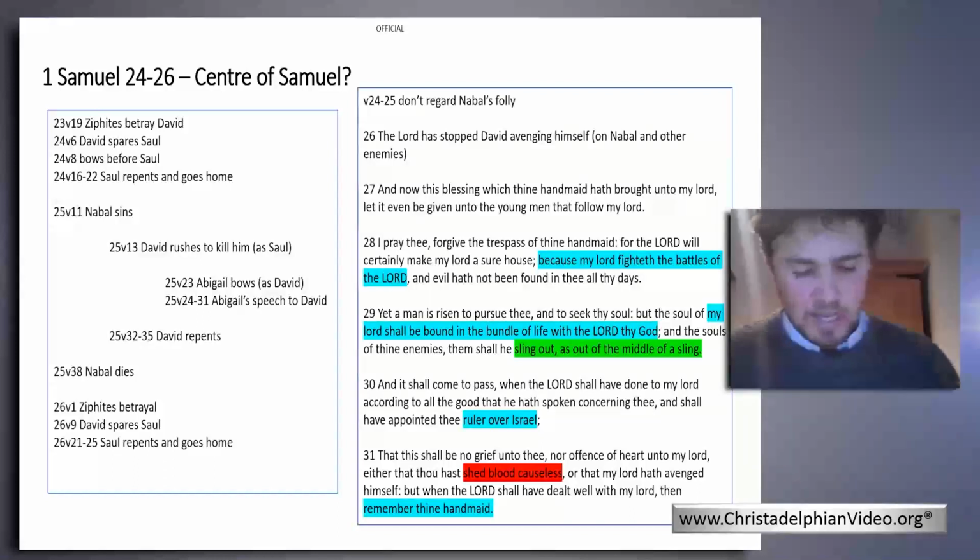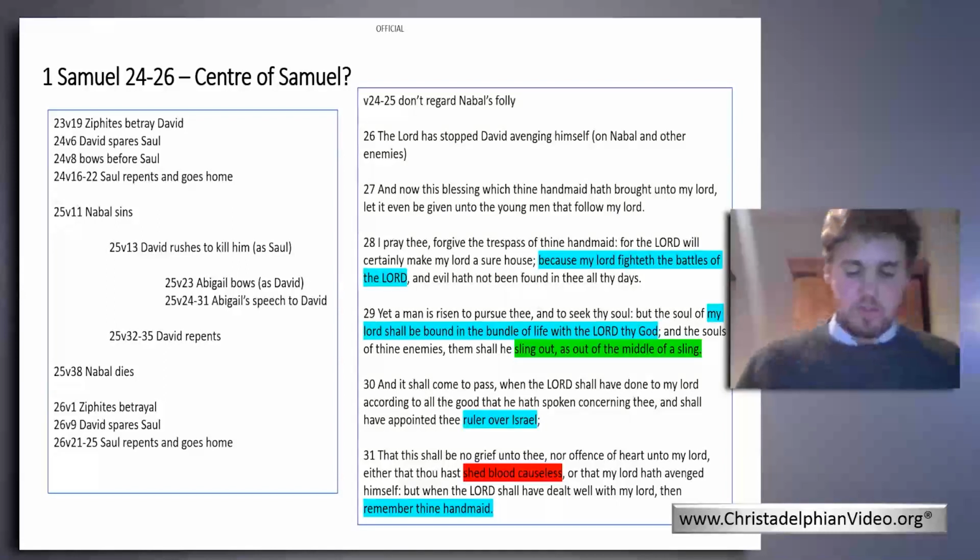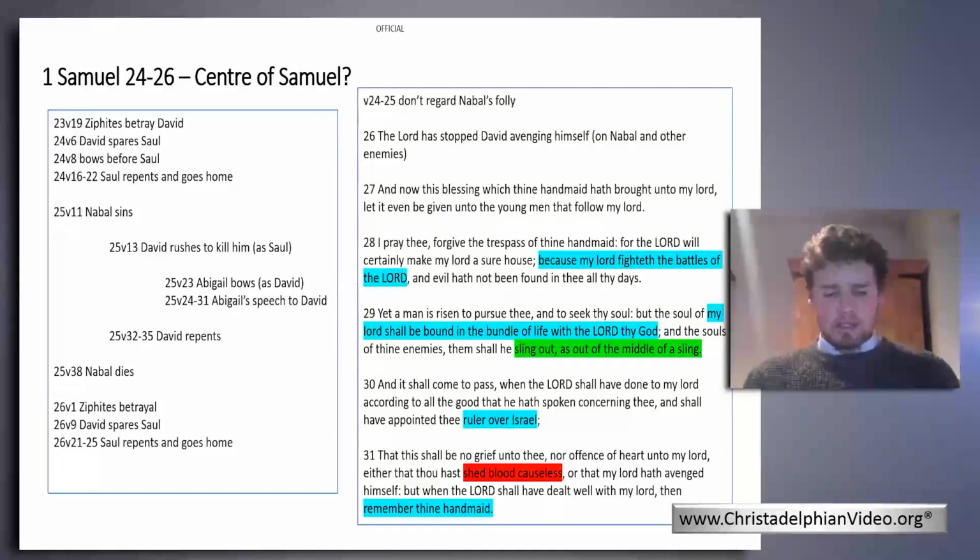And Abigail has to intervene, and she intervenes in the same way that David does, and she bows herself down in verse 23. She lights off her ass and fell before David on her face and bowed herself to the ground. So the roles have swapped here, and Abigail is playing David, and David is playing Saul. And the thing that David was about to do was to take matters into his own hands.